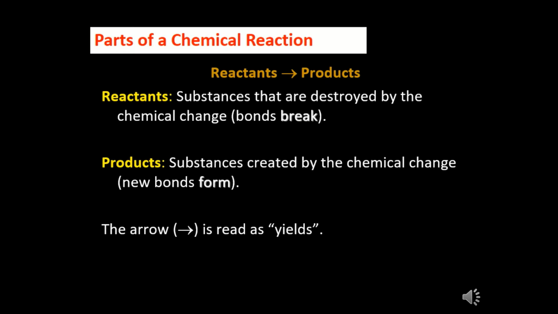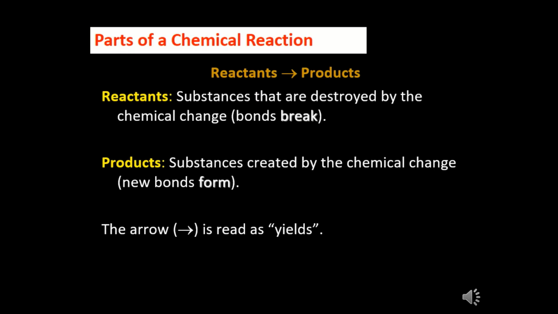When they are reacting with O2, the bond between H and H will be broken, and then the bond in O2, which is O double bond O, will also be broken. So the bonds between the atoms will be broken and new bonds will be formed. Products are substances created by the chemical change, new bonds form, as I told you before. So products are always new substances.